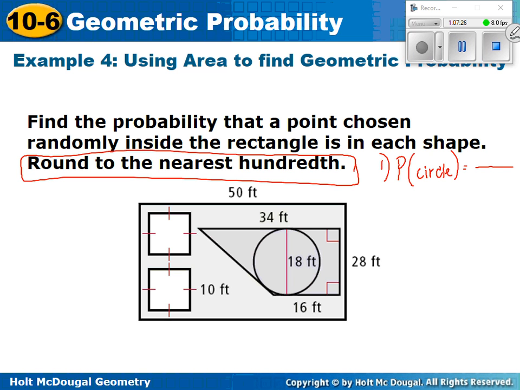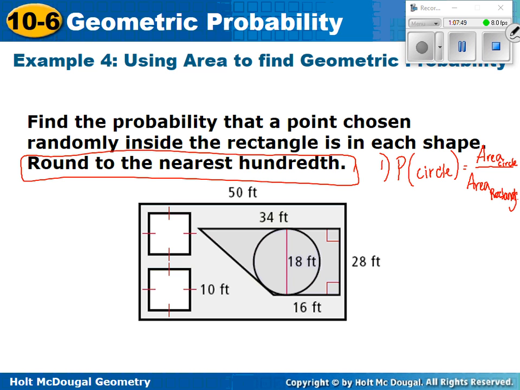Okay, and which one would go on top? Okay, so we would find the area of the circle, and then on the bottom would be the area of the whole shape, which is the rectangle. Questions on what I mean by doing that? Any questions? Okay, and then we would just round our answer to the nearest hundredth.